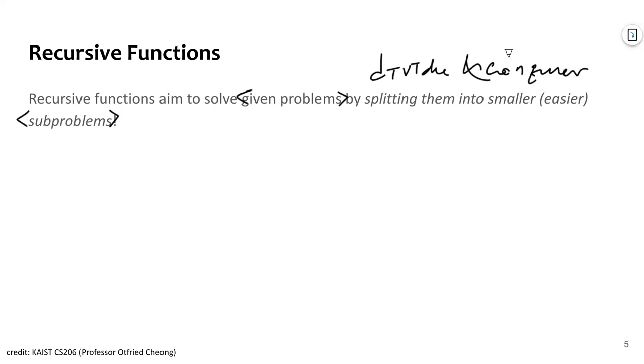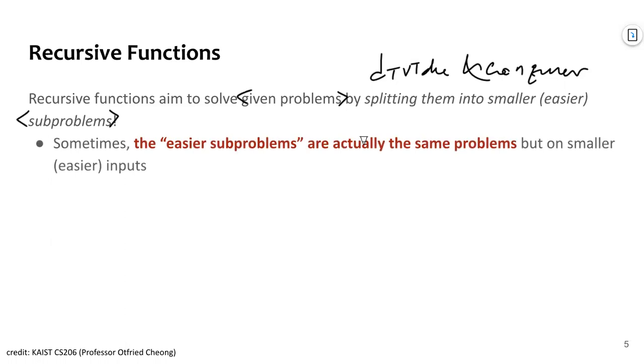Rather than solving the big problem at once, we split the problem into smaller ones, and step by step, we solve that big problem. That is the spirit of recursive functions. And sometimes these easier subproblems are actually the same problems, but with smaller or easier inputs.